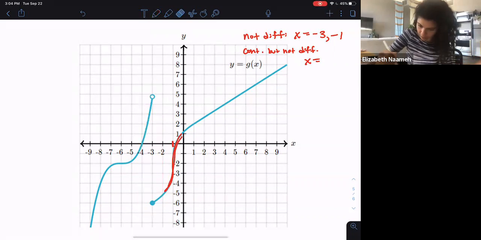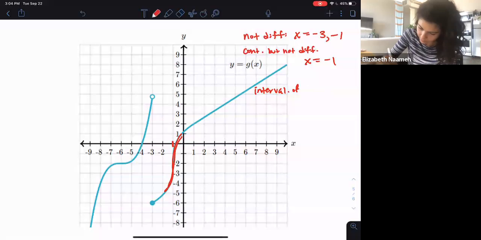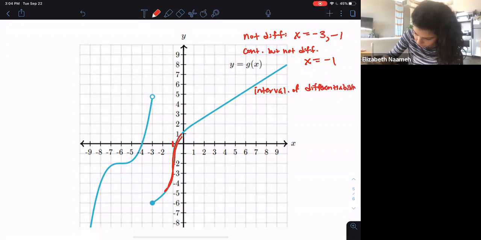Here, it's not even continuous. Okay, last question. Write this down, the interval of differentiability. So this is the last idea. The interval of differentiability says, from left to right, give me all the x values where you're differentiable.